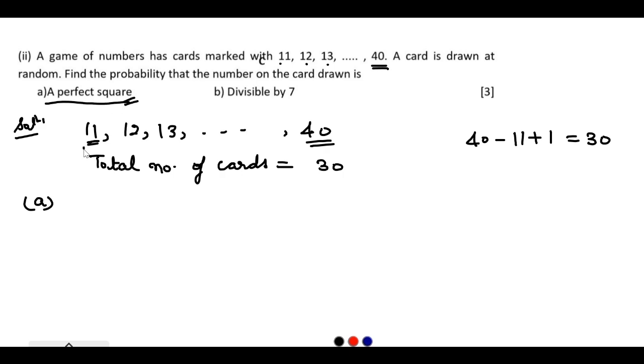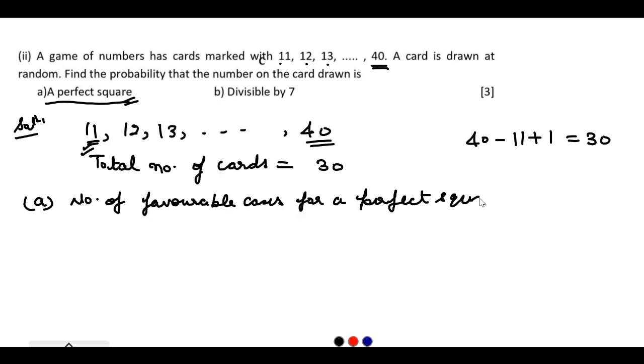Cards are numbered from 11 to 40, then perfect squares between these numbers are: first number is 16, which is a perfect square. Second is 25 and next is 36.